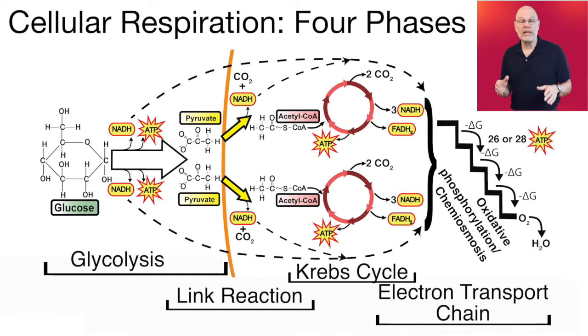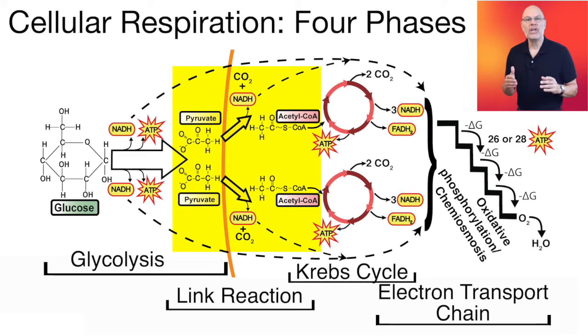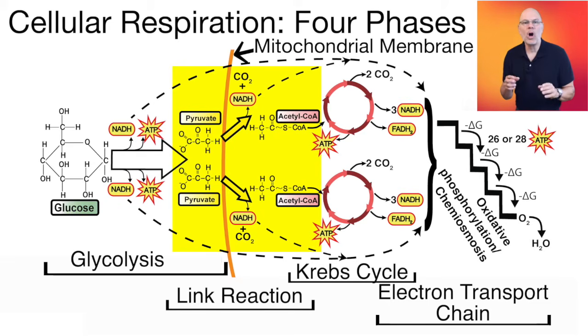Notice that cellular respiration can be divided into 4 phases. The first is glycolysis, which happens in the cytoplasm and which makes about 1/16 of the ATP that's made during cellular respiration. After glycolysis comes the link reaction, which brings the byproducts of glycolysis to the mitochondria. This orange arc represents the membrane of the mitochondria.